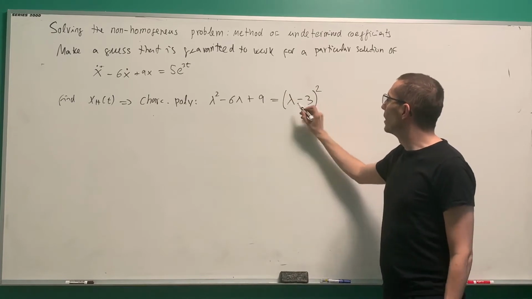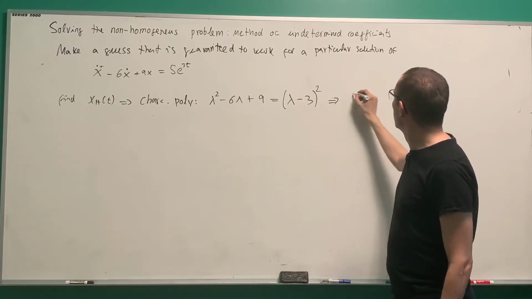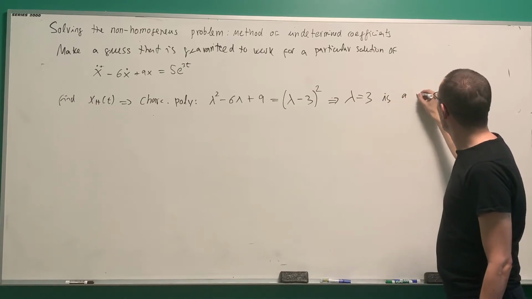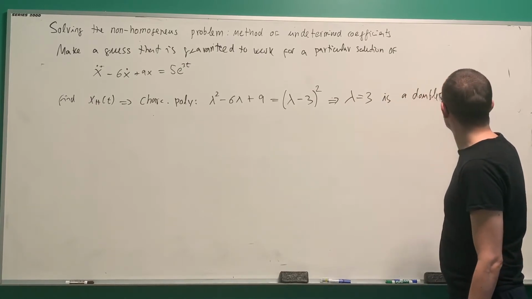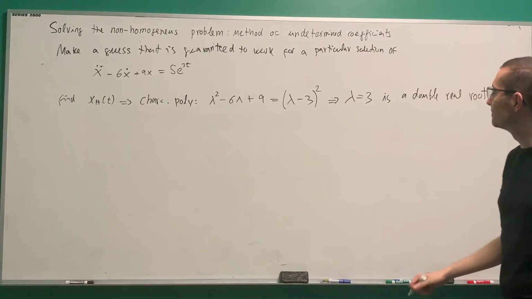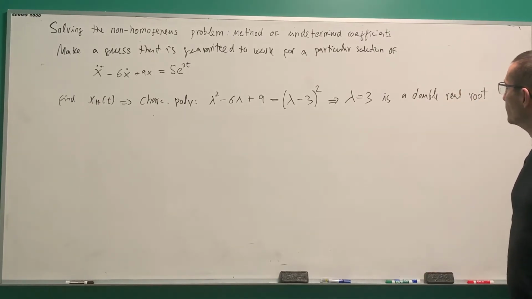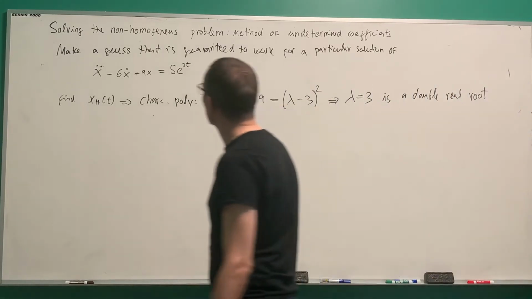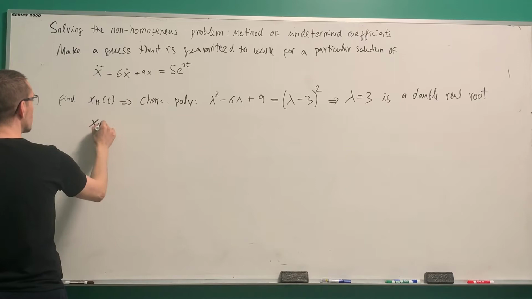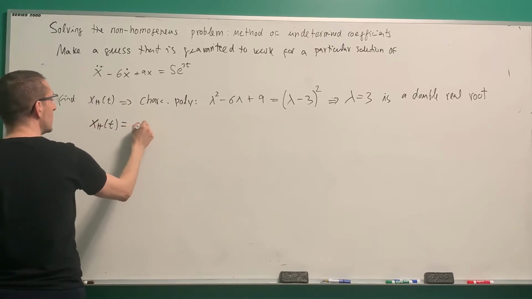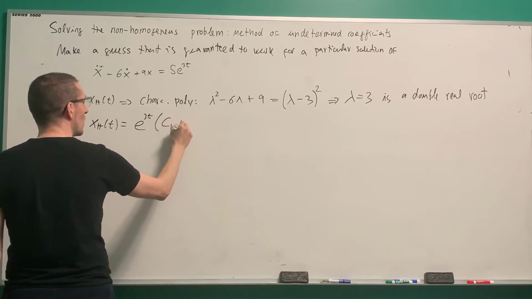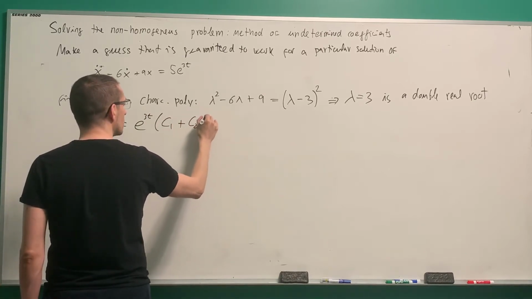All right, so we get that lambda equals 3 is a double real root. Okay? Wonderful. So the solution to the homogeneous problem is going to be e to the 3t times a polynomial, c1 plus c2t.